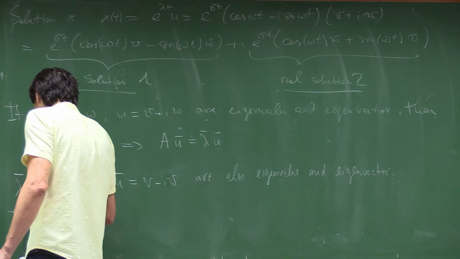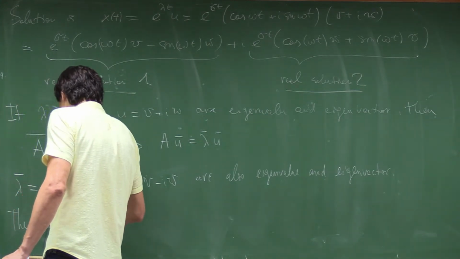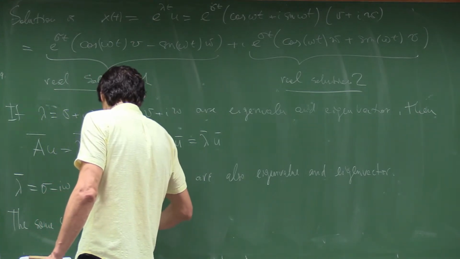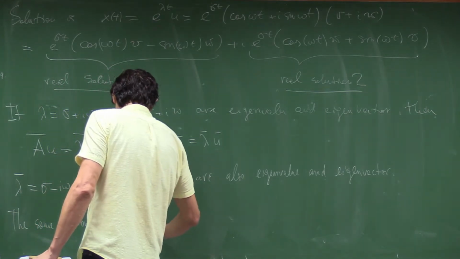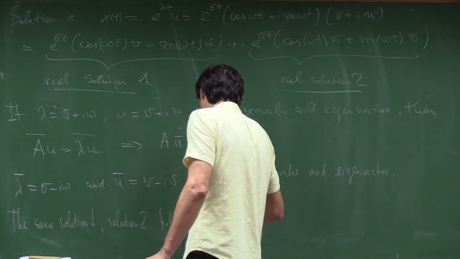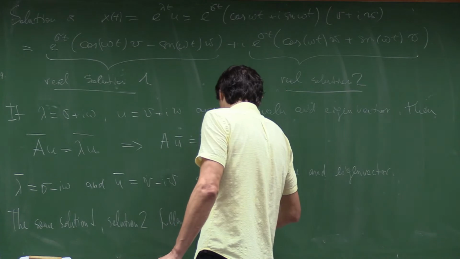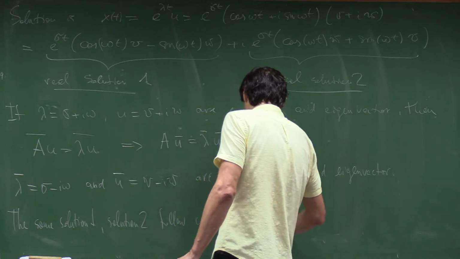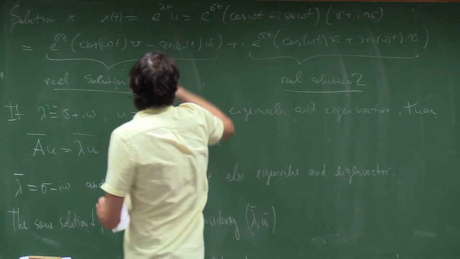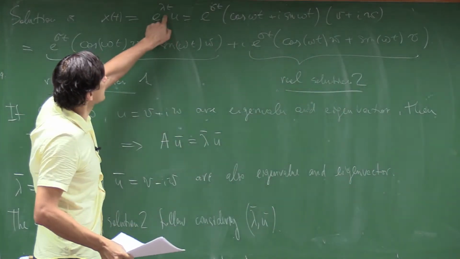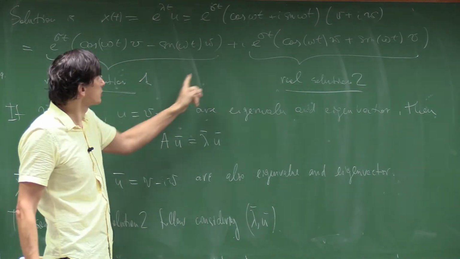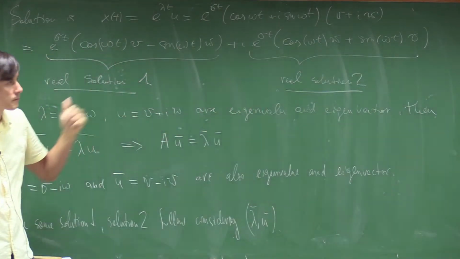So actually, what you can also see is that the same solutions, solution 1 and solution 2, follow from considering this couple. If you now start with lambda conjugated, u conjugated, all you change is the minus sign here, so you essentially get the same two solutions.